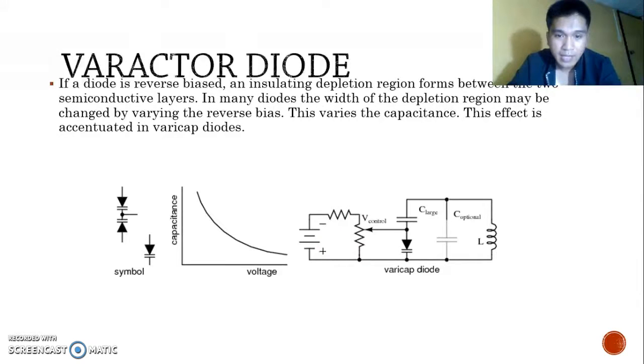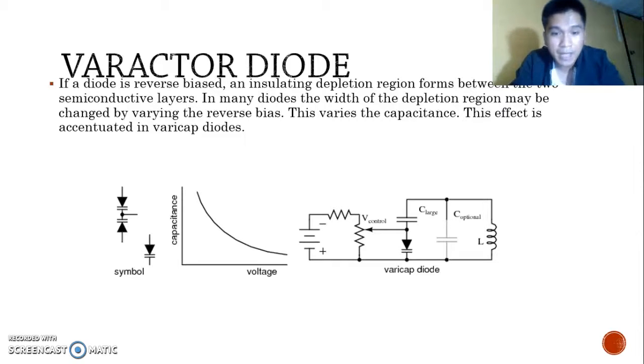So, next is the varicap or the varactor diode. If a diode is reverse biased, an insulating depletion region forms between the two semiconductive layers. In many diodes, the width of the depletion region may be changed by varying the reverse bias. This varies the capacitance. This effect is accentuated in varicap diodes.